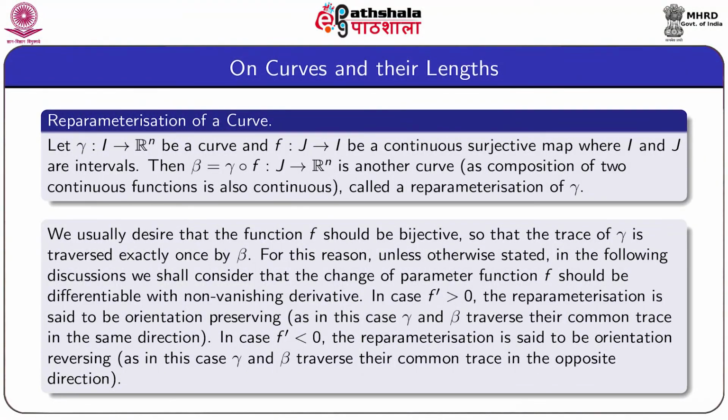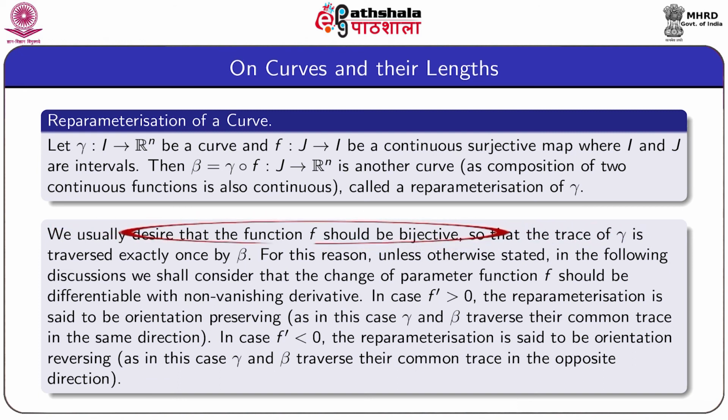Reparameterization of a curve. Let gamma from I to R^n be a curve and f a map from J to I, which is continuous and surjective, and J is an interval. Then the map beta equals gamma composed with f, from J to R^n, is another curve. It is called the reparameterization of gamma.